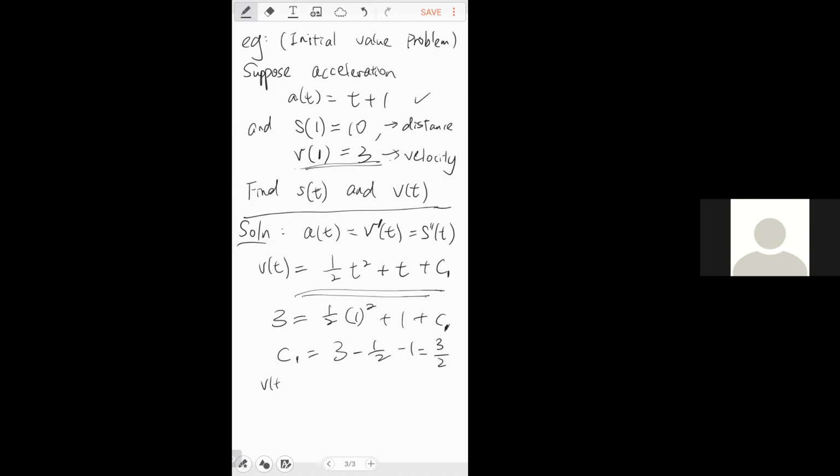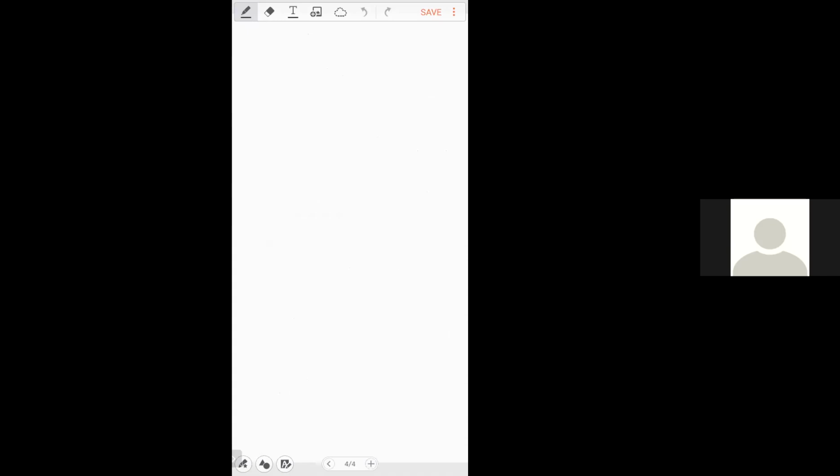And so your v of t should be 1/2 times t squared plus t plus 3/2. That's your velocity function. Now, if I want to find the distance, I have to take the antiderivative again. So let me rewrite the velocity function on the new page.